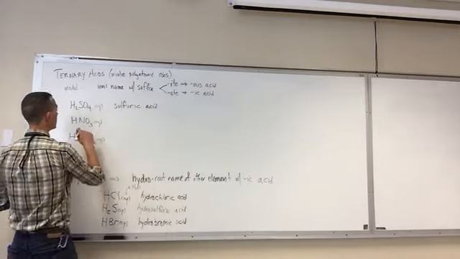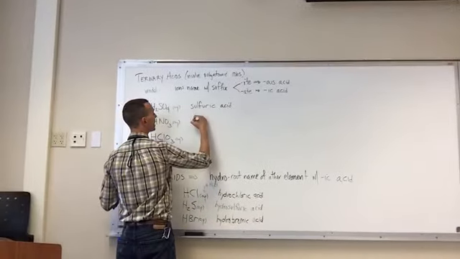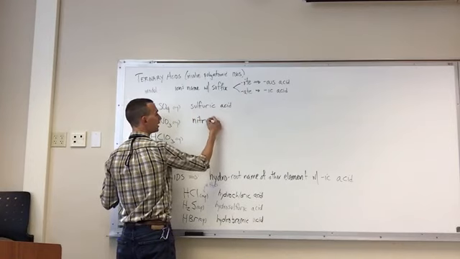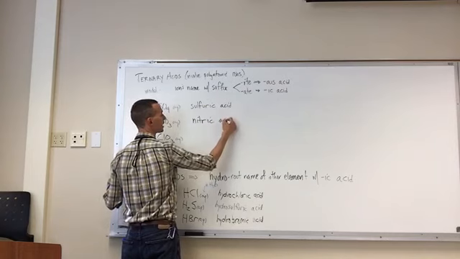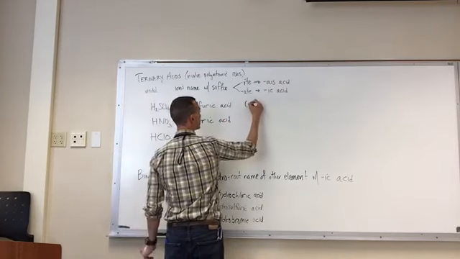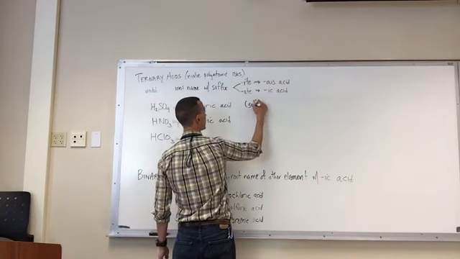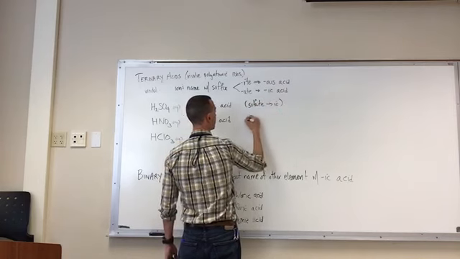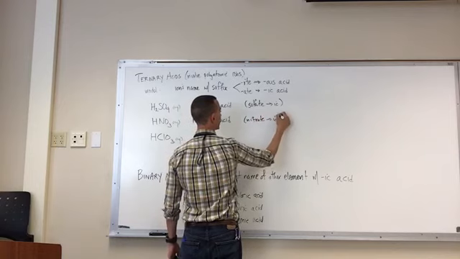Okay? The next one, we have the nitrate ion. Nitrate becomes nitric acid, right? So sulfate was the ion here to ic. Here it's nitrate, again, to ic.